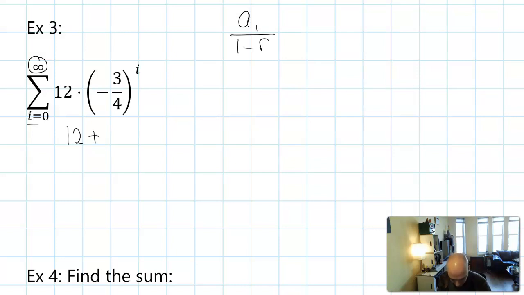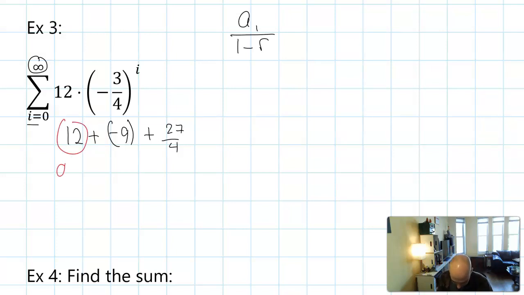So that'd be 12 plus, then the next term would be negative 9, because I'm doing 12 times negative 3/4, and then times negative 3/4 again, so that'd be plus 27/4, etc. So that would be the sequence we're looking at.